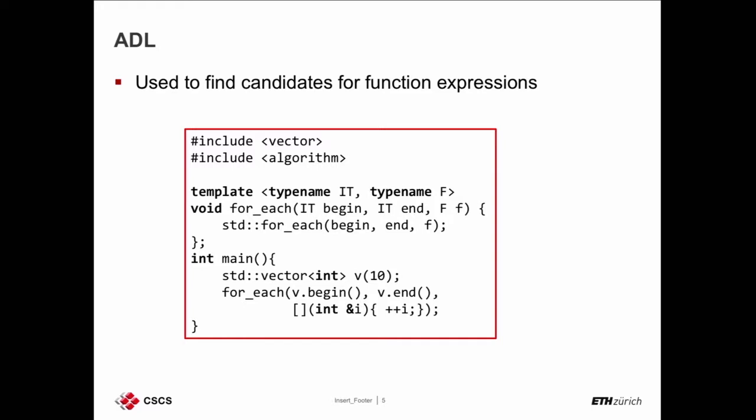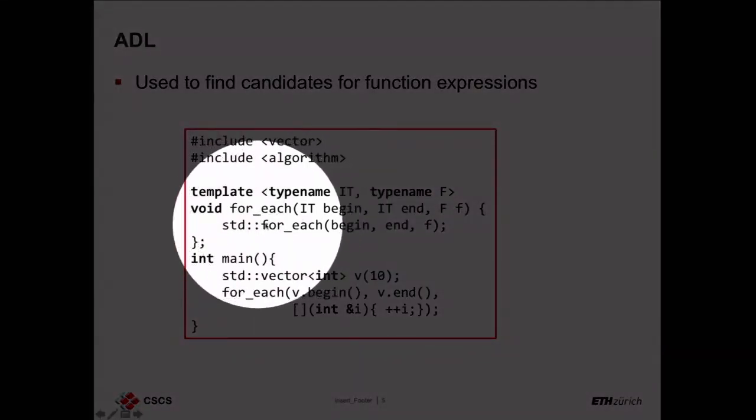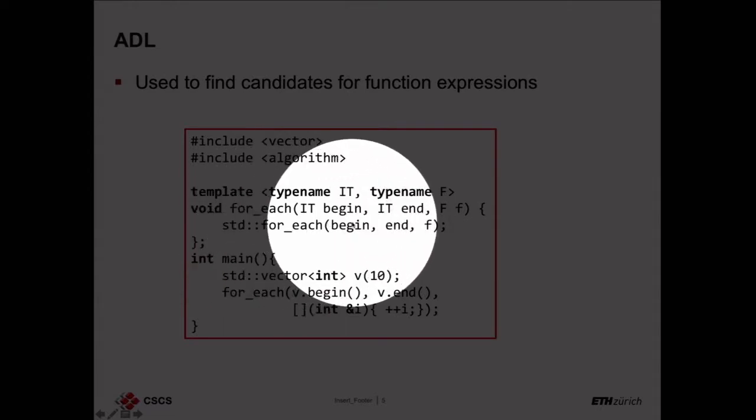So suppose that we want to do clever things. I want to overload std algorithms with my algorithms. So when the users say for_each, I want to intercept and work with my stuff and not with their stuff. So I want to have a for_each that actually calls std for_each.